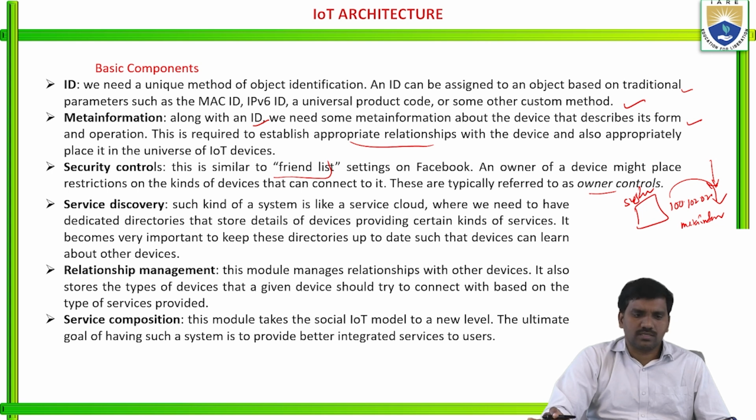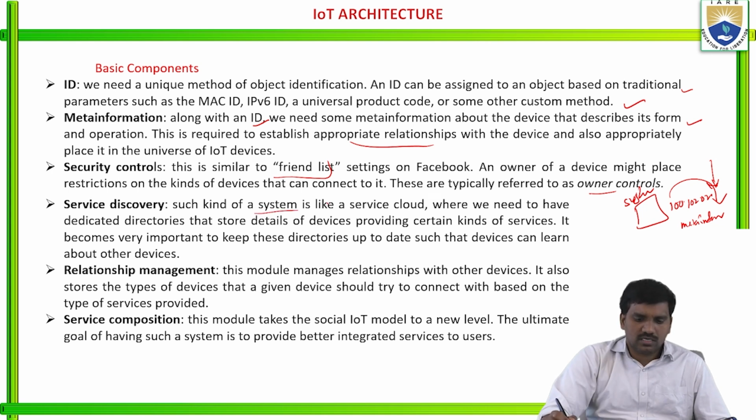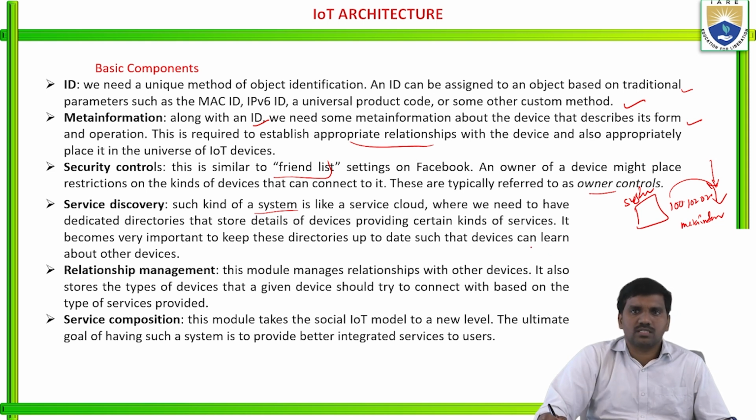Next is service discovery. So here, which types of services can be provided? A system is like a service cloud where we need dedicated directories that can store details of devices providing certain kinds of services. It becomes very important to keep the directories up to date, so that such devices can learn about the other devices.